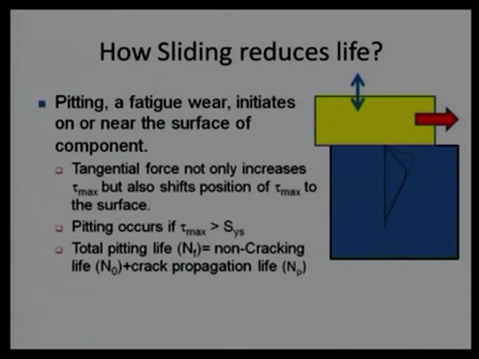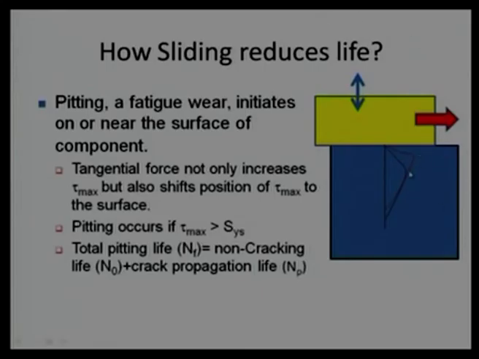It is not only increasing the magnitude, but it is shifting also. You can see here the maximum value is over here. The maximum value has increased and is going closer to the surface. If it is going closer to the surface, then removing a piece of this blue block will be easier. So, it is doing both things.